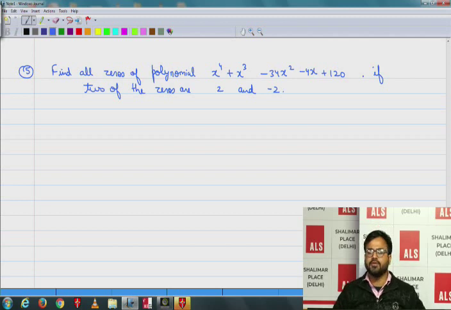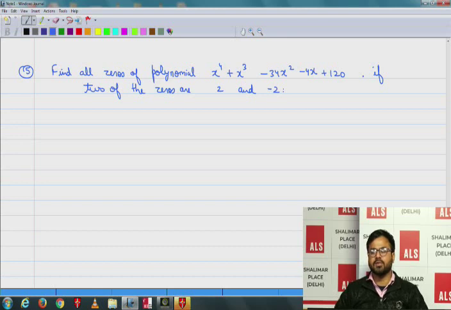So this is the polynomial given. Two of the zeros are 2 and minus 2. We have to find the rest of the zeros.